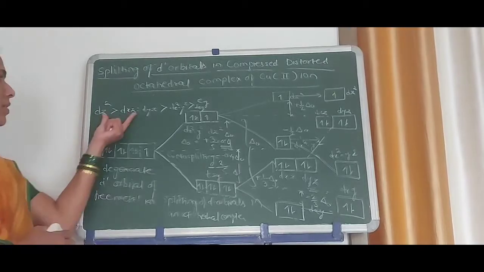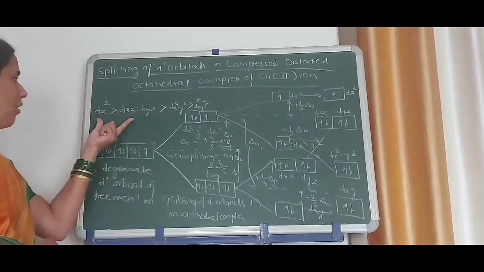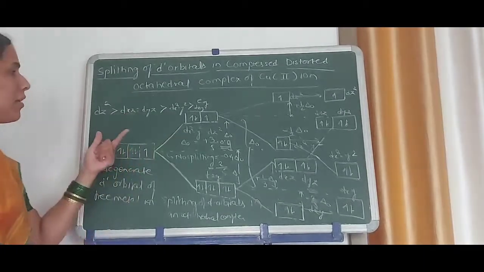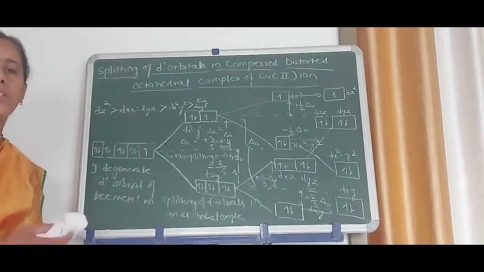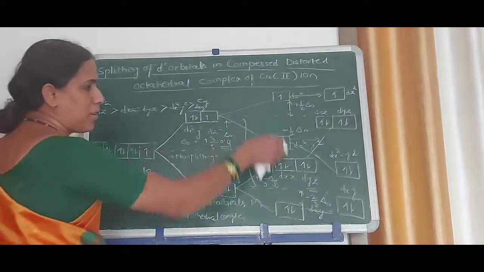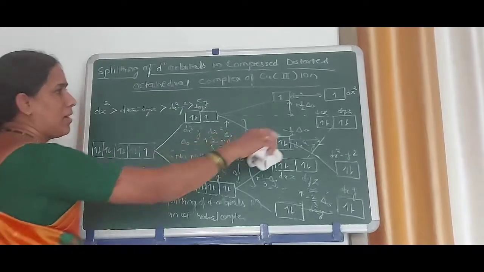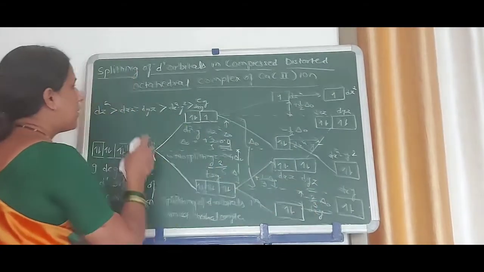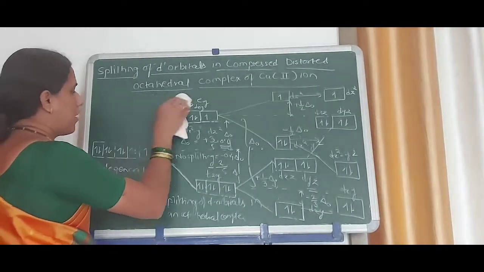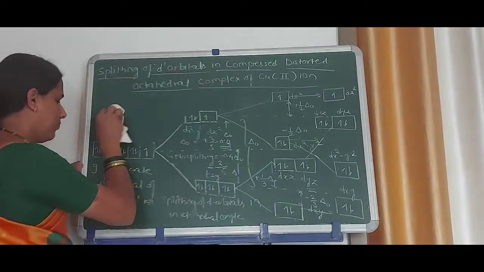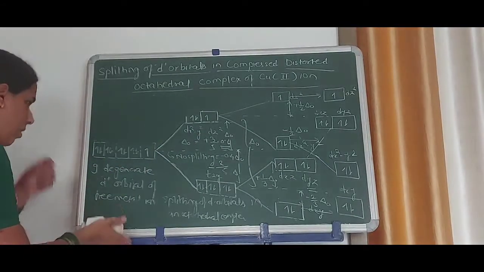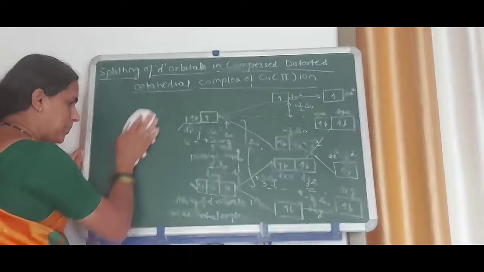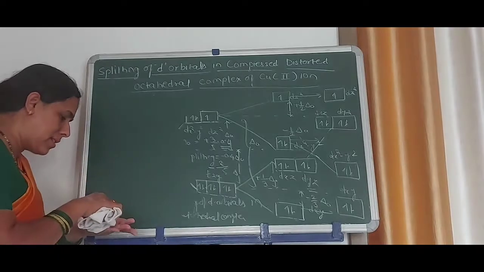Now this is the energy of the d orbitals. Now we can calculate the crystal field stabilization energy for this complex. See here, calculation of CFSE.